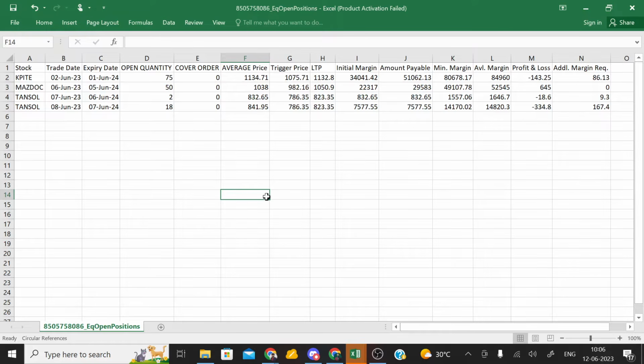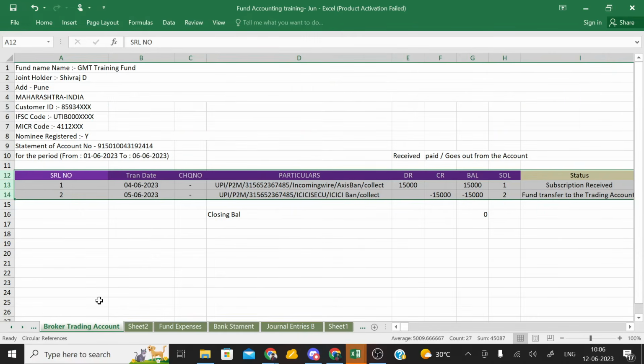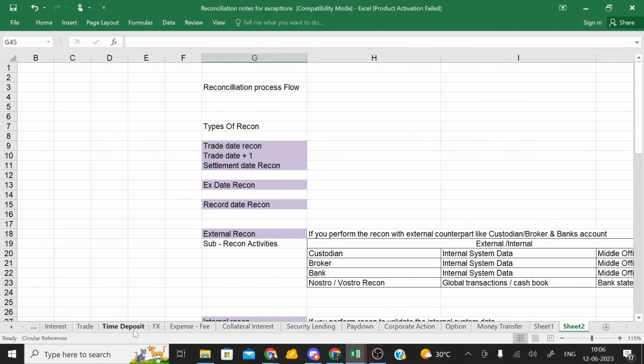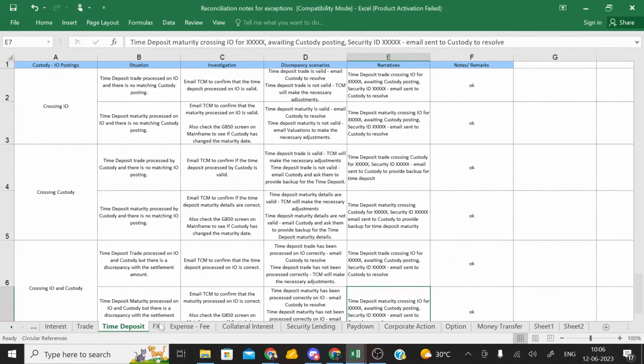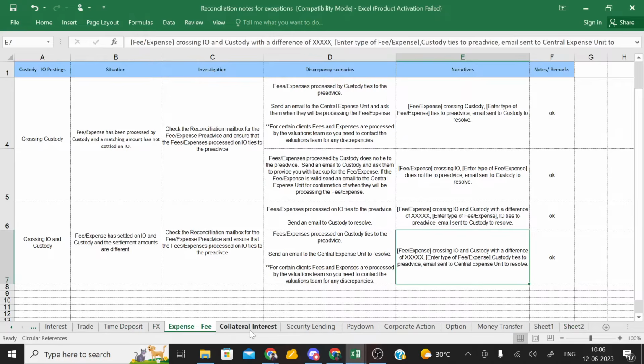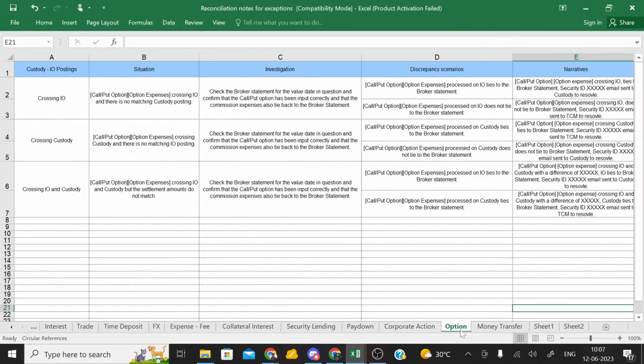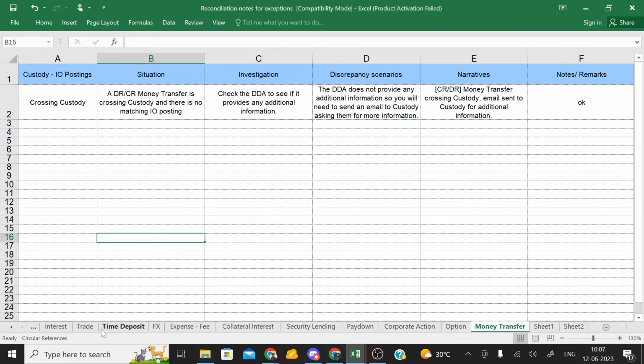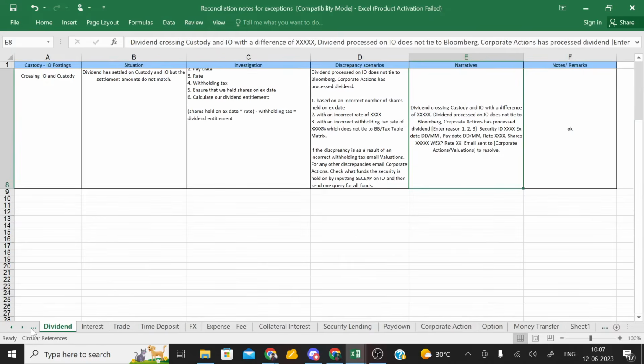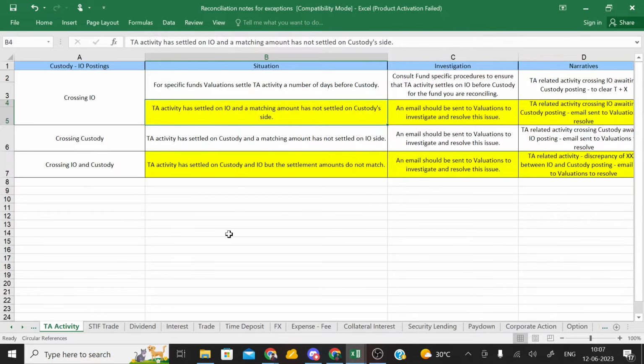After the data is uploaded into the Recon system, they notify all the reconciliation teams, because for every product you would see different teams. Products means, let's say, deposit, FX, expense, collateral, security lending, pay downs, corporate actions, options, money transfers. These are the different products where different teams take care of different breaks.